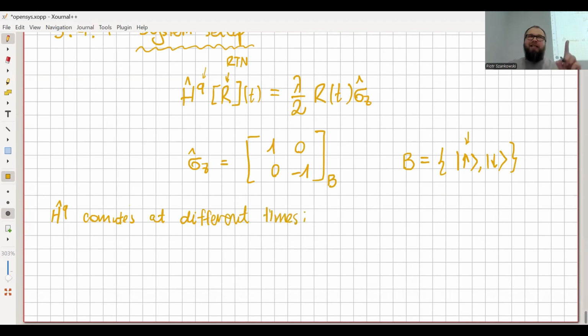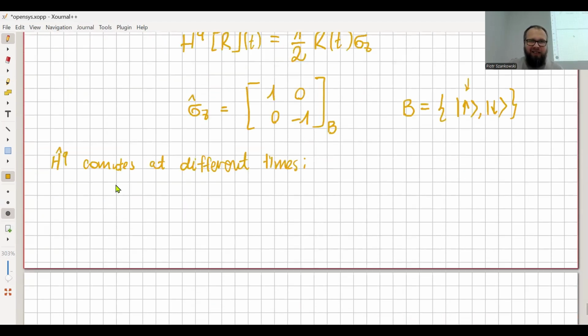So it is a time-dependent Hamiltonian, but the dependence on time is very simplistic, so that the commutator of H^q(R, t) and H^q(R, t prime) is 0.